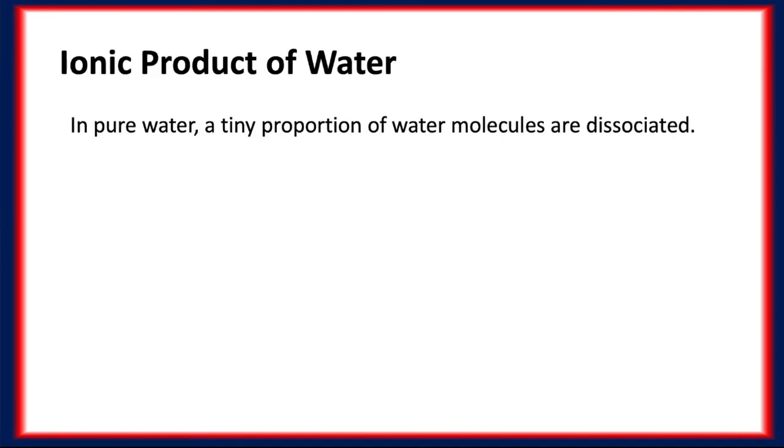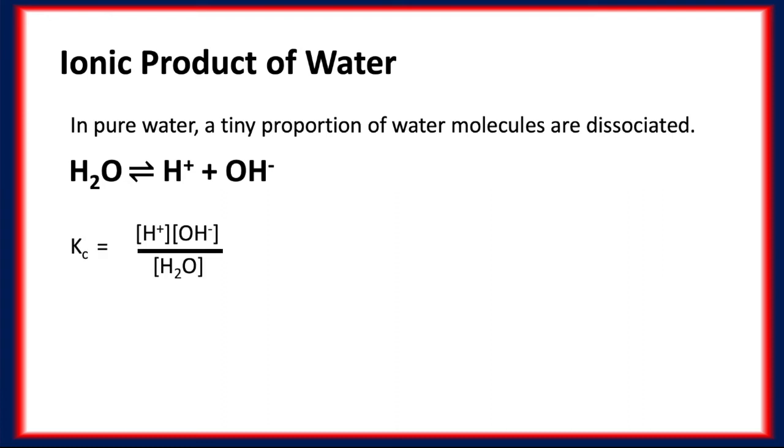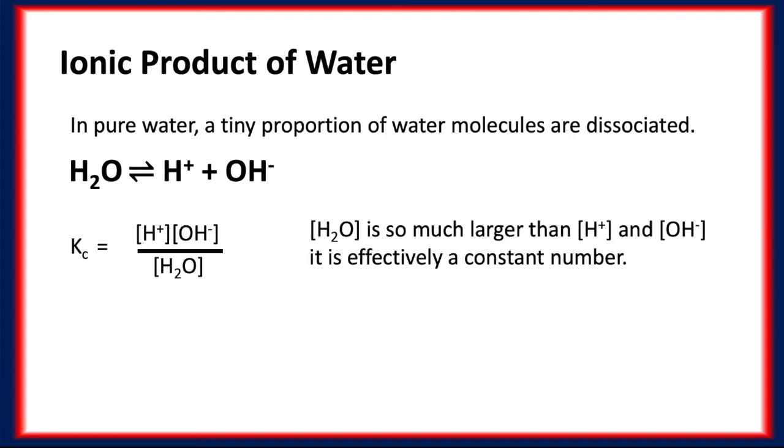So in water, a tiny proportion of our water molecules are dissociated, and we call this the ionic product of water. We can look at the equilibrium for that of a water molecule dissociating into an H+ ion and a hydroxide ion. And because we have an equilibrium, we can calculate Kc for that. But of course, the concentration of water is so much larger than the H+ and OH- concentrations that it's effectively a constant number.